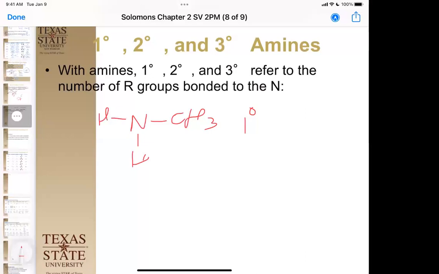Okay, which means that if we change it to this, this becomes a secondary amine. And if we put the 3 bonds to carbon with 3 different ethyl groups here, let's draw our lone pair just to make sure we know they're there. That is going to be our tertiary amine.